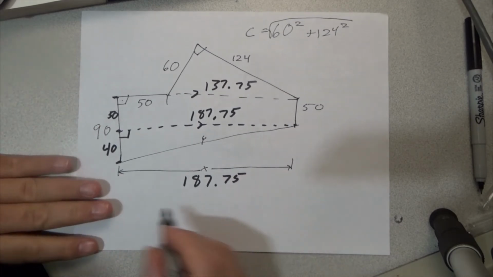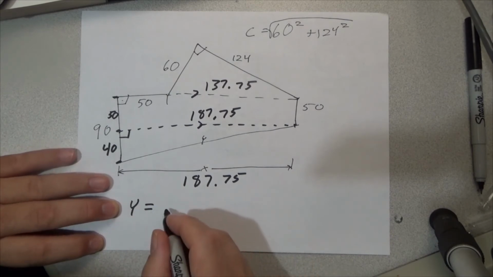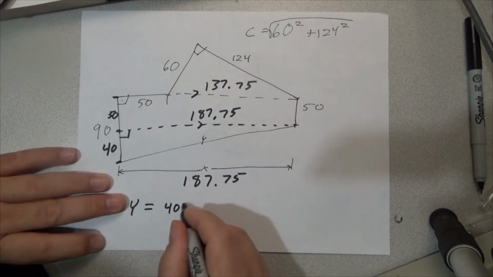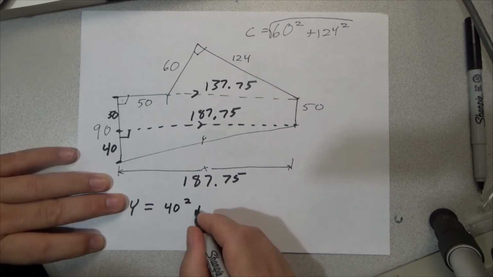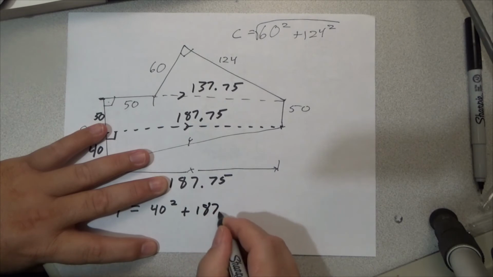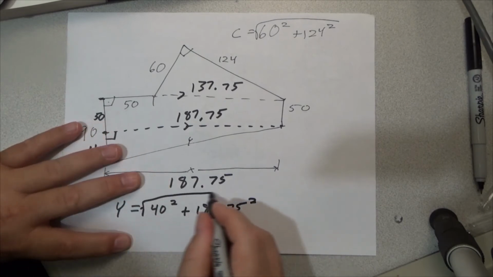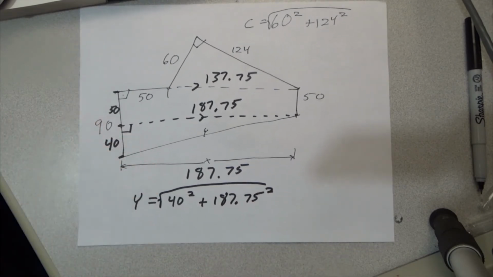So y is equal to 40 squared plus 187.75 squared, and then the square root of that.